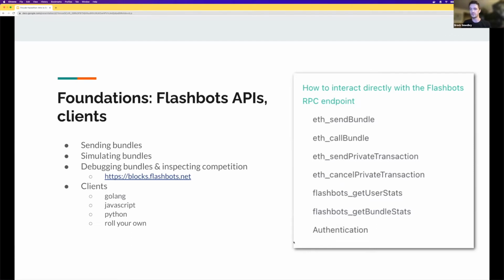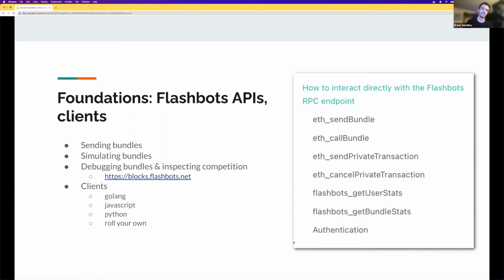That will tell you how much gas it used, whether it was included or not, whether it was simulated, and what times each of those things happened. That's especially useful for time sensitive operations. You could see if you submitted too late, or just general stuff like that. So these are the methods that the Flashbots Relay offers.